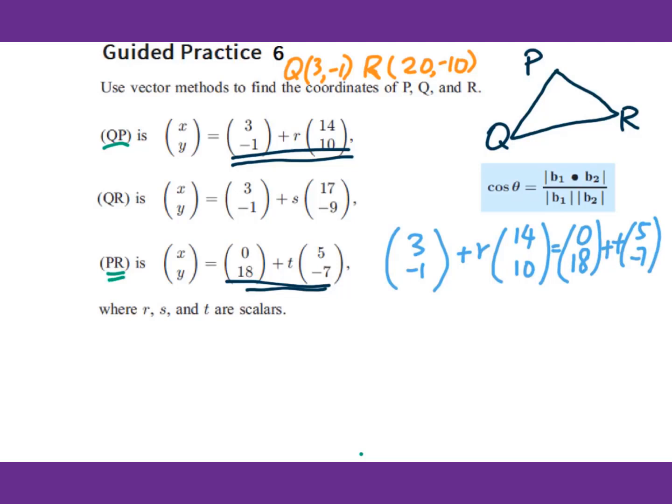So we change into a system of equations. Look at the first row. We have 3 plus 14r equals 0 plus 5t. For the second row, we get negative 1 plus 10r equals 18 minus 7t.